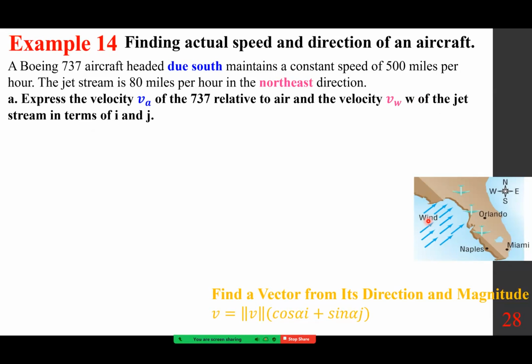Let's see what is given. The aircraft is doing 500 miles per hour. That is the magnitude of its speed due south, going this way. That means this angle is negative 90 degrees or 270 degrees.